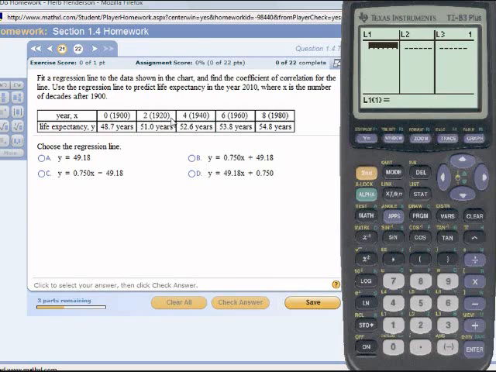This would have been 20, this would have been 40, if this had been 0, 20, 40, 60, 80, because those are the years from the year 1900. Here they've managed to say how many groups of 10 years from 1900. Well, 2 times 10 is 20, 4 times 10 is 40. So they want you to use that system.